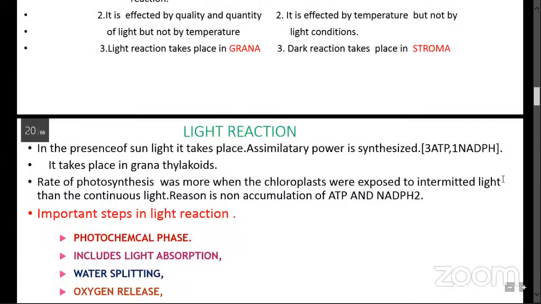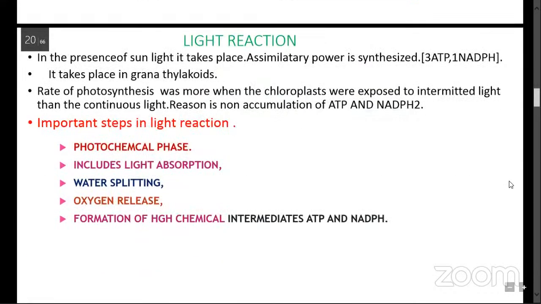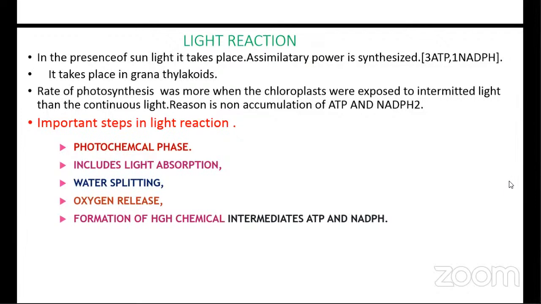Now, let us start the light reaction in detail. The light reaction itself indicates the need of light, and the source of the light is sunlight. So the sun is the source of light.